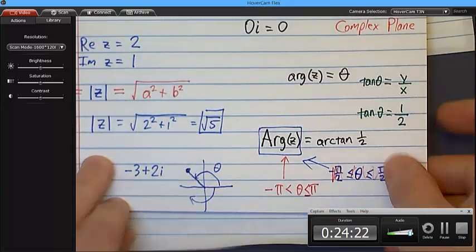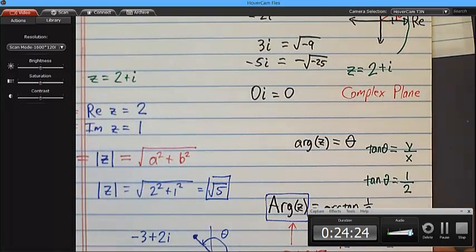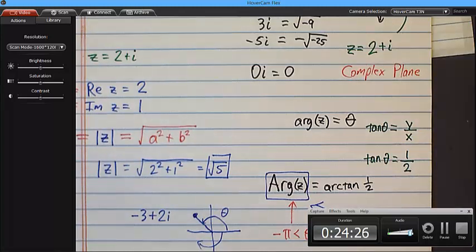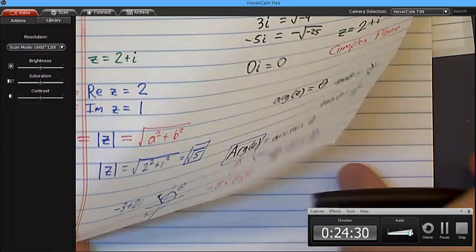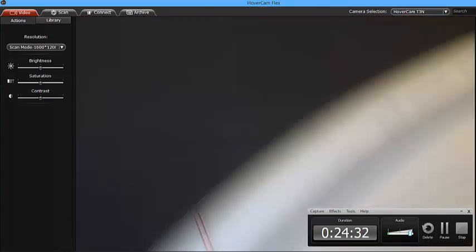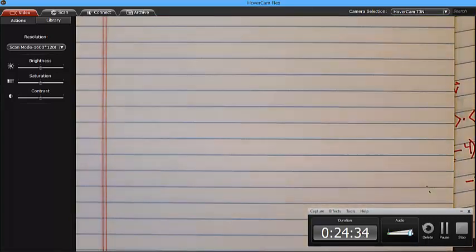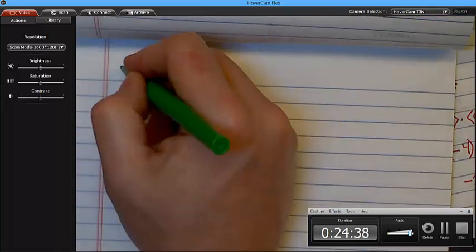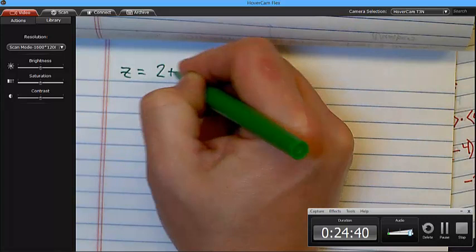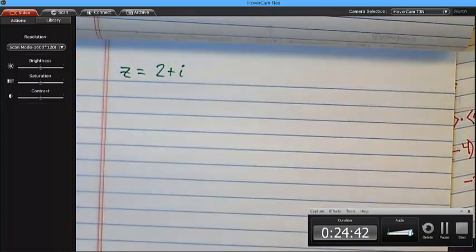What I'd like to do, guys, is explain what you do with this modulus and this argument. So let me continue with the same example. All right, what was the complex number we had? Z equals what? 2 plus i. Okay?